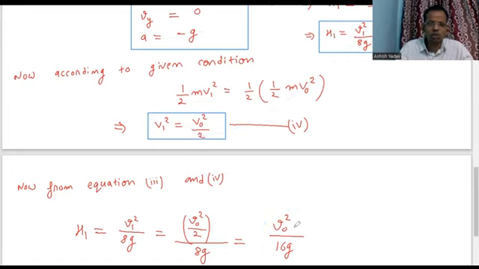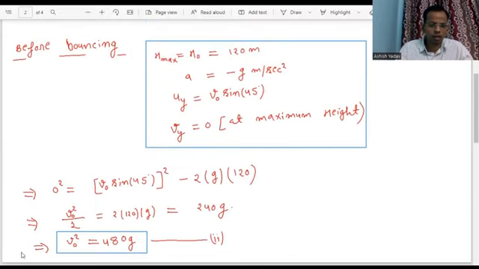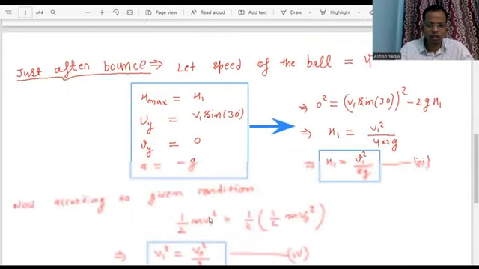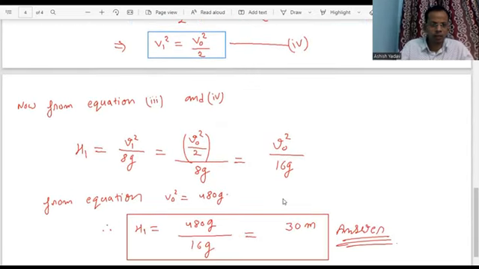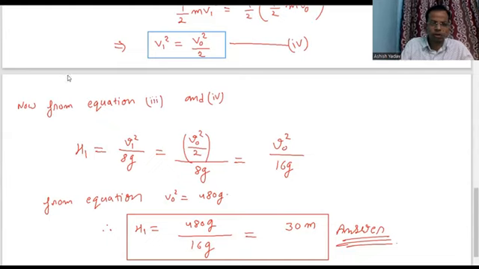Now from equation 2, v naught square is 480g, and from equations 3 and 4 we got h1 equals v naught square upon 16g.